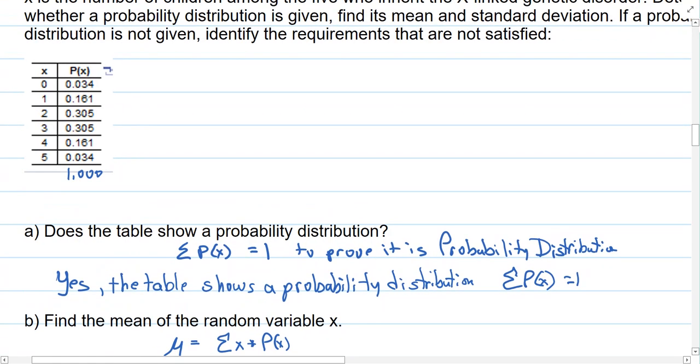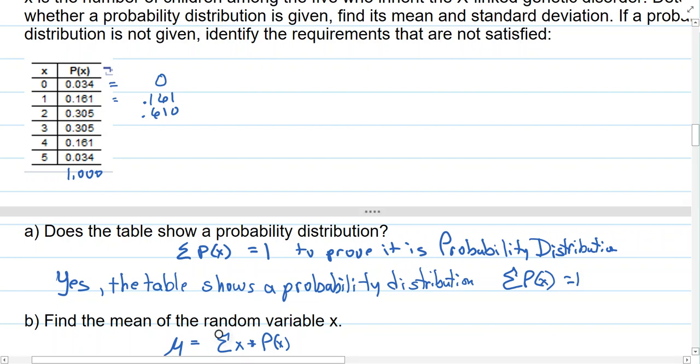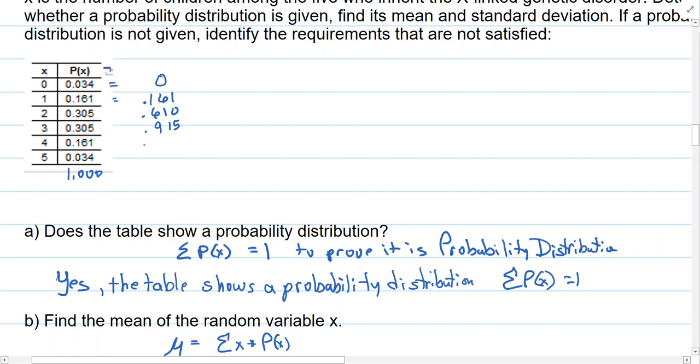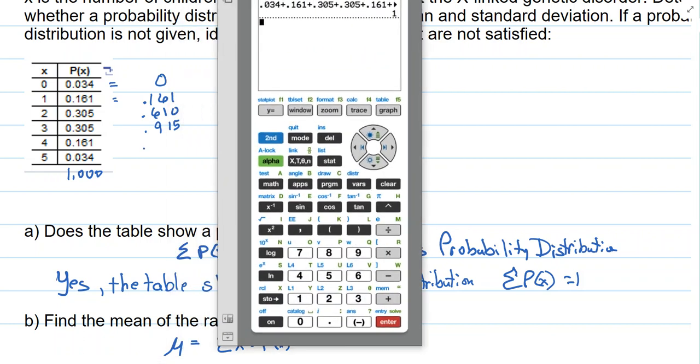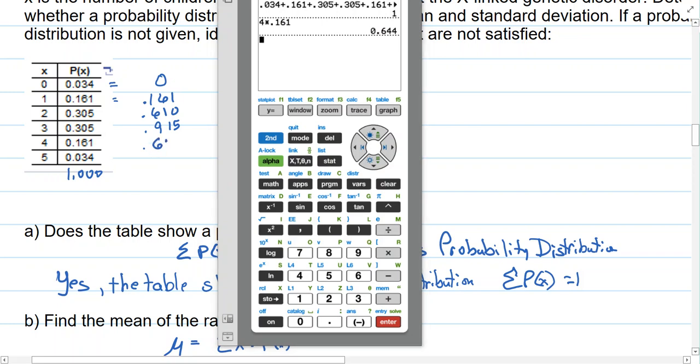So 0 times P of X is 0. 1 times decimal 161 is decimal 161. 2 times 305 is 610. 3 times 305 is 915. 4 times decimal 161 is 644.